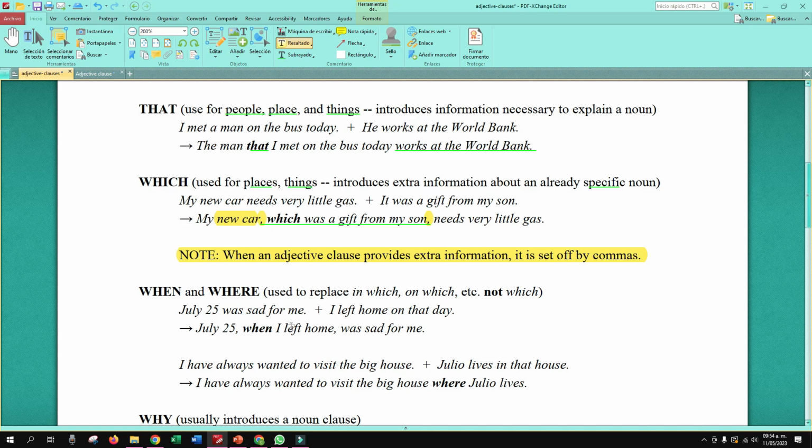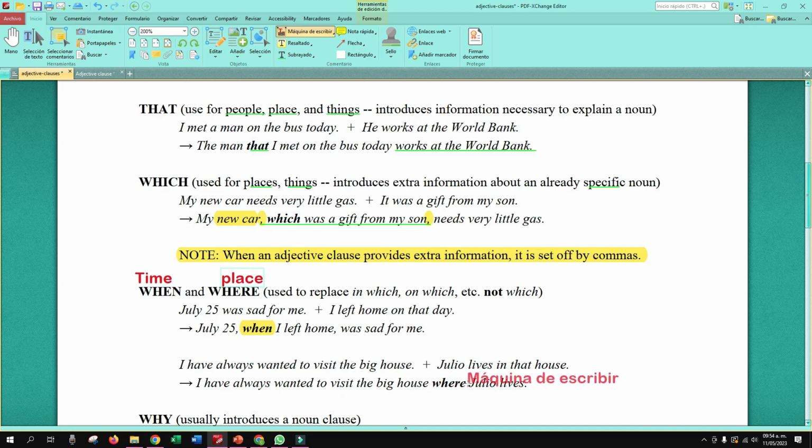So, there you have this. Because you're using when for time, and where for place, right? I have always wanted to visit the big house.